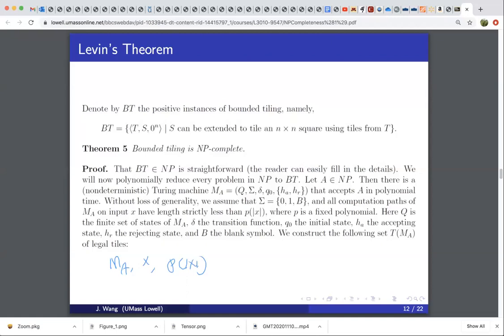Now we make P a little bigger, so P prime of n is greater than P of n. We can just say this is equal to P of n plus 1.